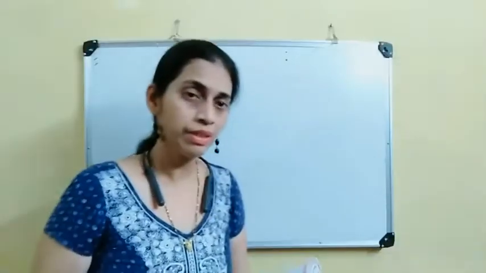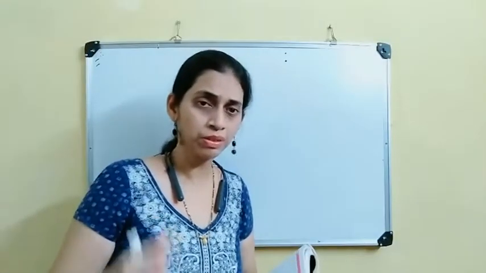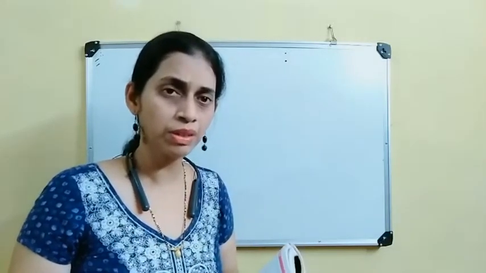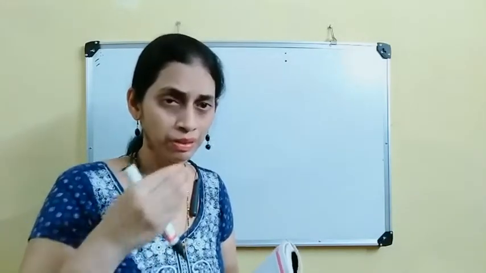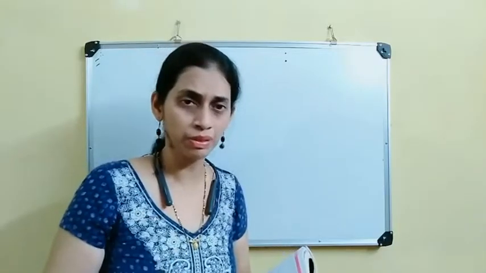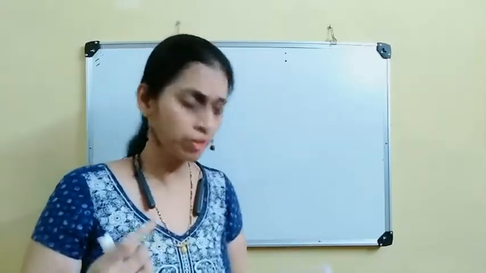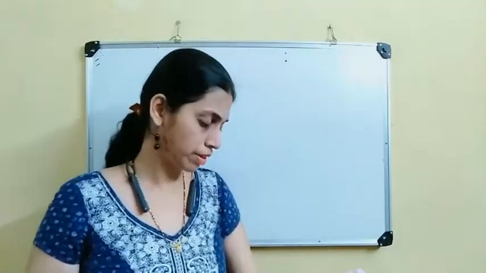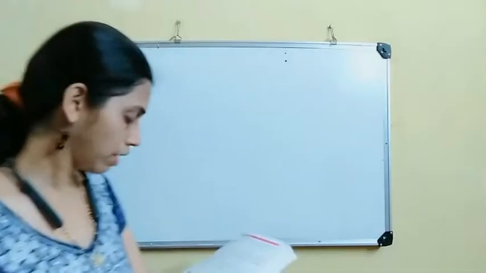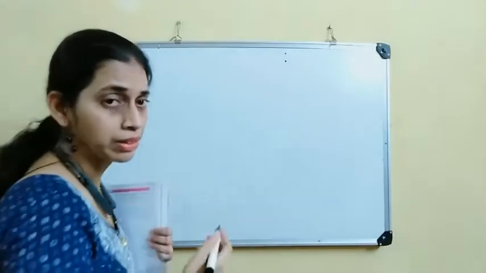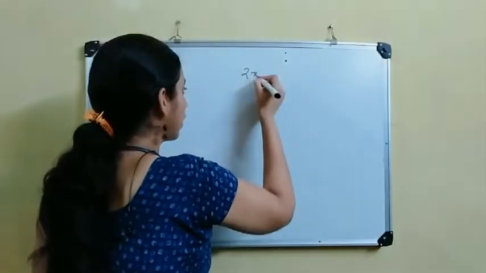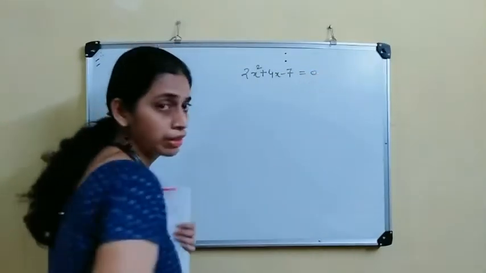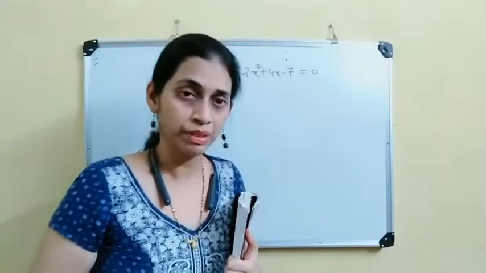Yes, we are going to consider a few examples so that you can understand how to find the nature of roots and how to find the value of x by using the three methods which I have told you. The very first question, note it down. What will be the nature of roots of the quadratic equation 2x² + 4x − 7 = 0?